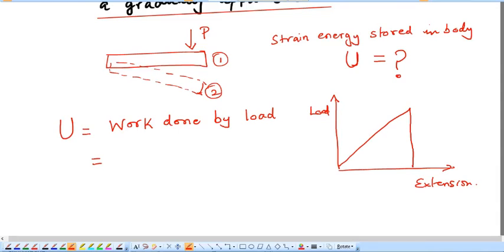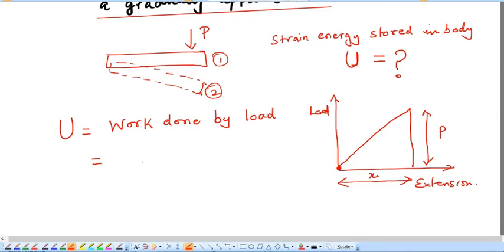So on the y-axis I am having load and on the x-axis I am having extension. For a gradually applied load, what happens? The initial value is 0 and this load goes on increasing.